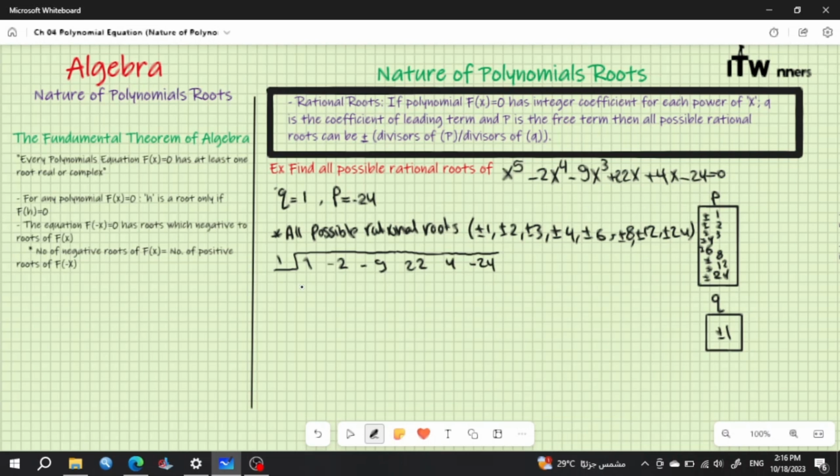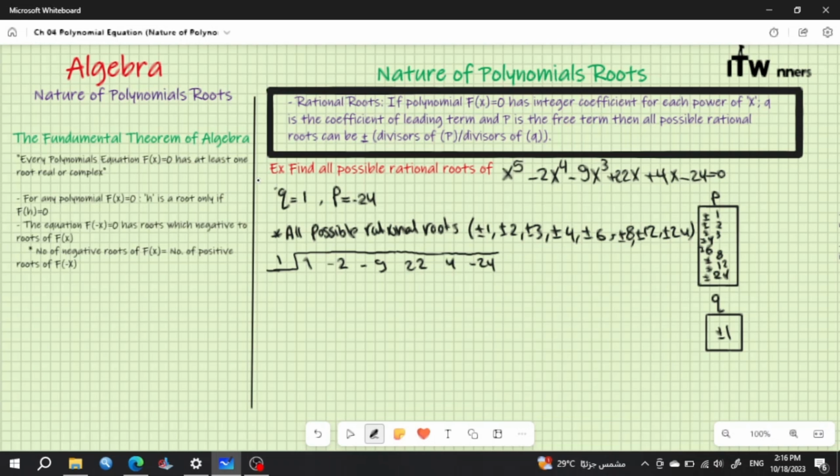By synthetic division we can proceed with this division, and if 1 is a root of f of x, this polynomial equation, the remainder of this division will be equal to 0.